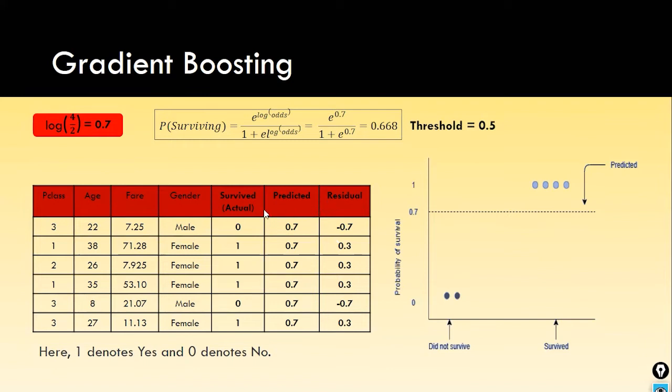Now we have the predicted value available here. So the first estimation of the target attribute survived is 0.7 as the log odds. The same value is used as the predicted value for all the observations.